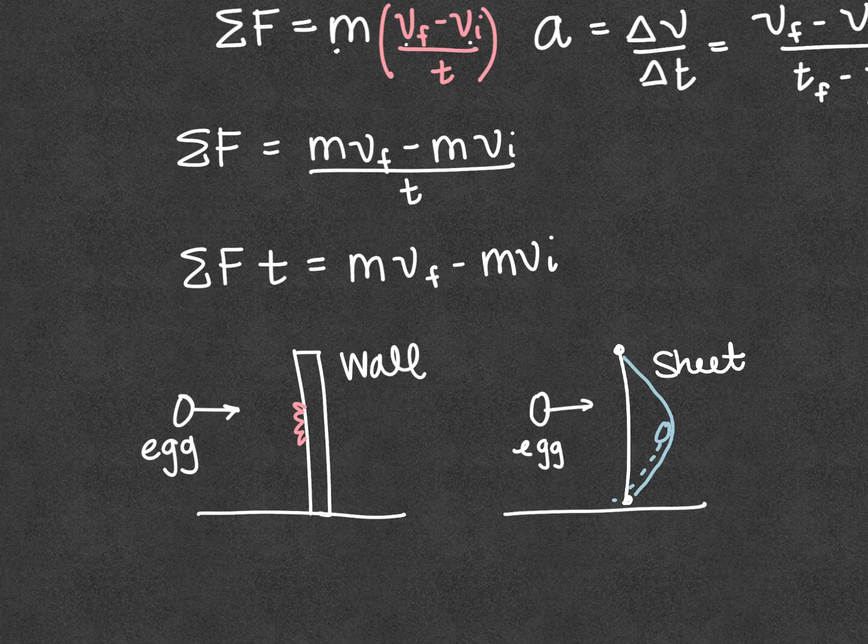So, while the initial velocity of our egg was the same in both cases, and the mass of our egg was the same in both cases, mass and our initial velocity, and we wanted to stop the egg, and in this case, the final velocity was 0, and in this case, our final velocity was also 0.